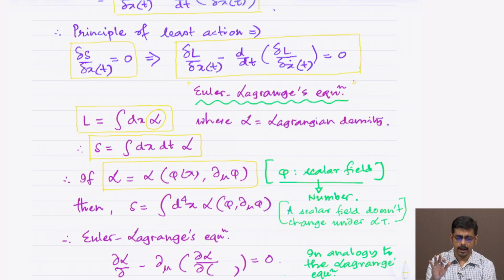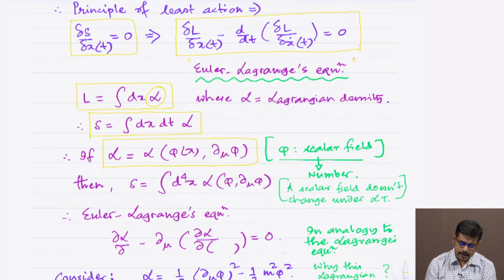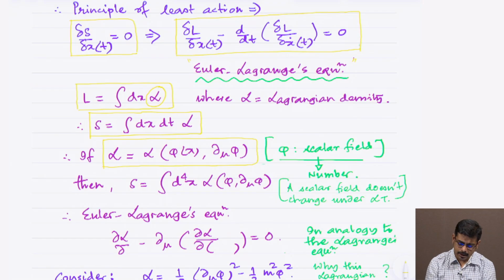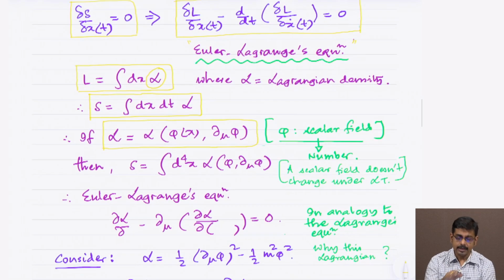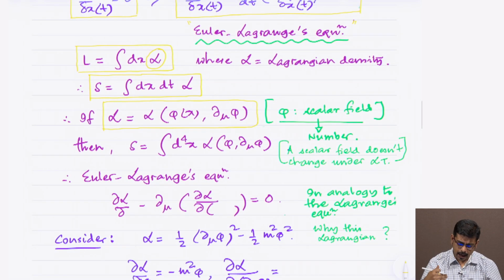You can do it for anything, but for the time being, for the sake of simplicity and notational simplicity, let us assume that it is a function of the scalar field phi and its derivative. So, the x and x dot, which the Lagrangian was a function of, have now been replaced by the field itself and its derivative, del mu phi. Okay? This is essentially the change that we make from the classical Lagrangian to the field theoretic description.